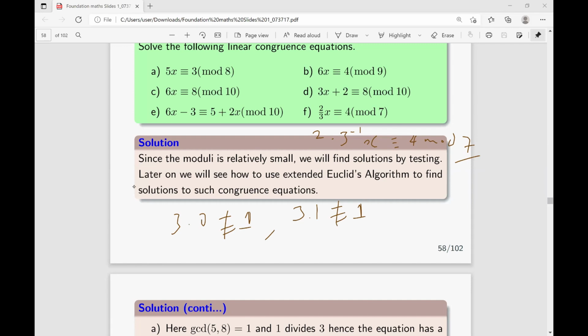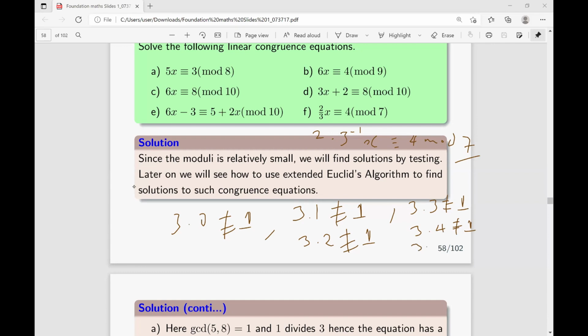Is that okay? 3 times 2 gives you 6. Is that okay? 3 times 3 gives you 2, does not give you 1. 3 times 4 gives you 5. Does not give you 1.